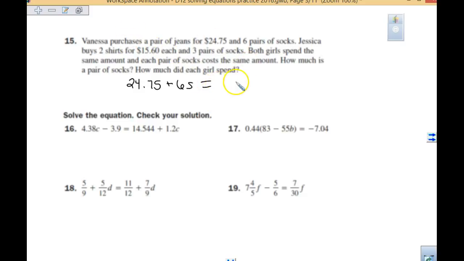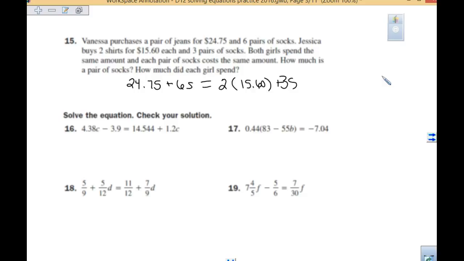And people only want to put $15.60, but you have to take 2 times $15.60. And then plus 3s. So the mistake is that you get a negative, like the socks should cost negative money, which is impossible, right? You can't have the socks being a negative dollar. Do you have a question?